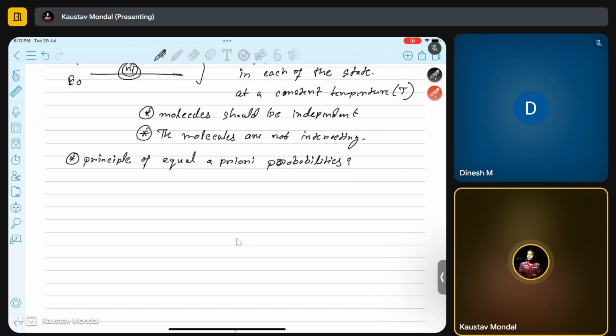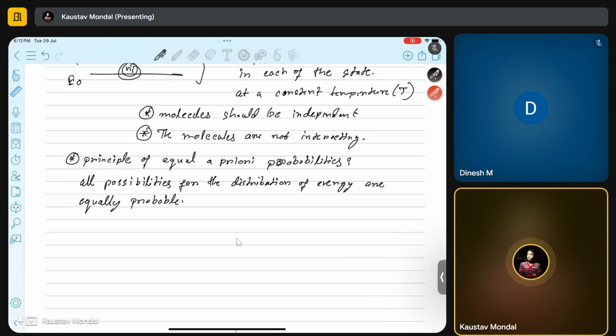So this principle basically tells us that all possibilities for the distribution of energy are equally probable.